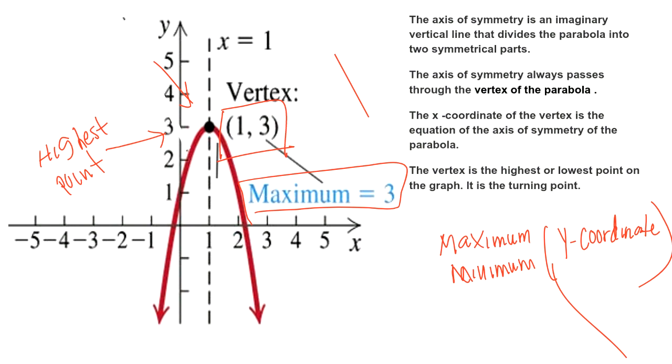So it's nothing that's too new. The only thing that we are introducing is that lowest point, that highest point. We're just introducing it as your vertex. And then your axis of symmetry is this imaginary line that we use to divide the parabola into two symmetrical parts. And that equation is whatever your x coordinate is.